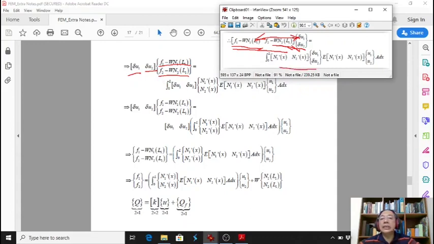The virtual term here we can also change. Virtual U1 we put here, and N1 prime we put here, virtual U2 we put here, and N2 we replace here. So this is the change.